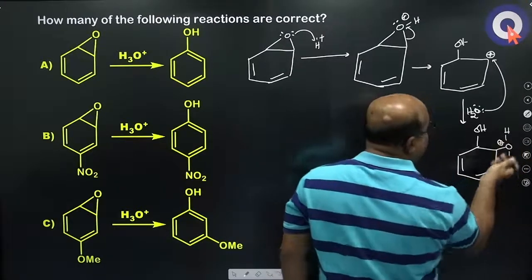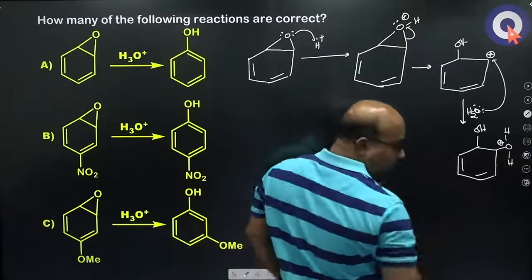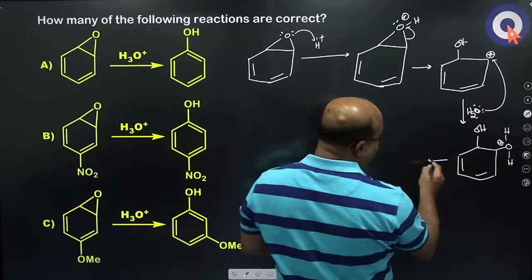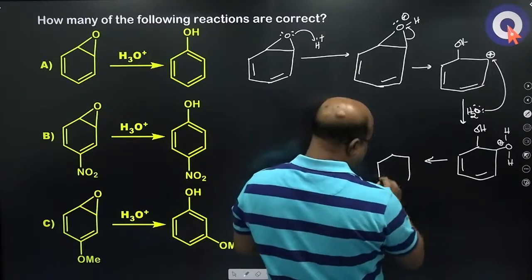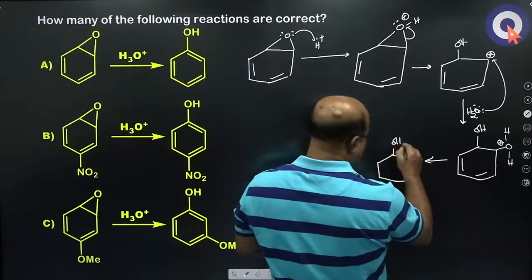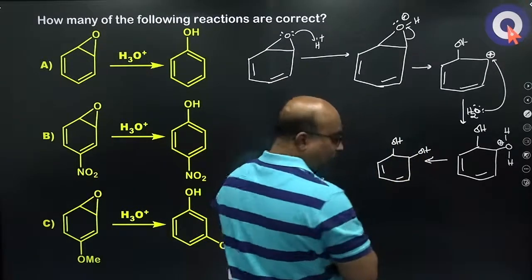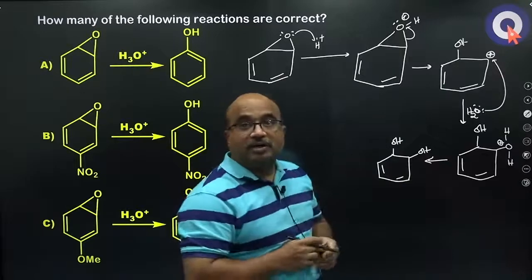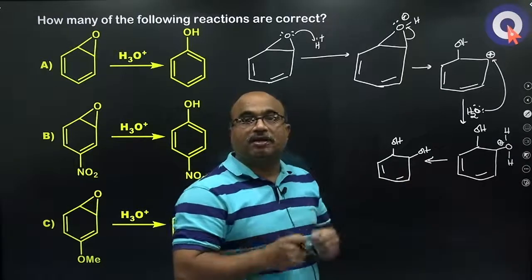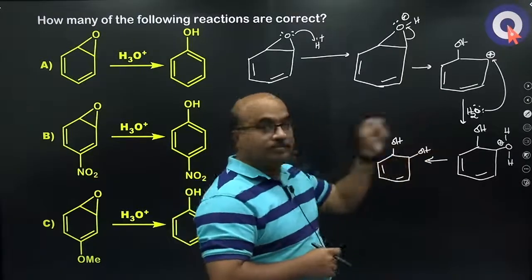Then it may lose H plus because oxygen should not carry a positive charge, and it will convert into this form. But the ring loses aromatic character if this happens.